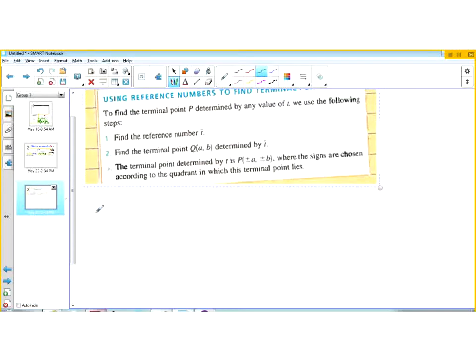Let's find the terminal point determined by t equal to 5 pi over 6. With our unit circle, since t is greater than 0, we traverse counterclockwise, and so 5 pi over 6 is right here.